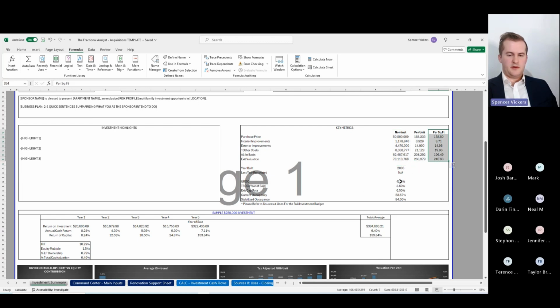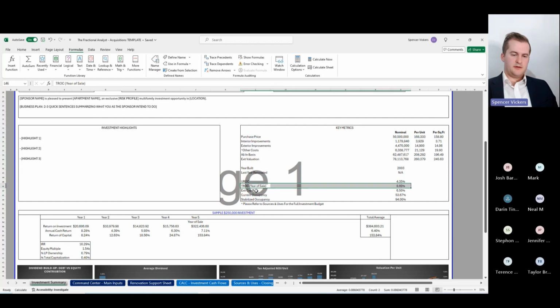And then a couple of other key metrics that some people like to see: the untrended return on cost, which is just your yield on your total cost basis, purchase price, soft costs, fees, etc. Trended return on cost is the same number, but giving you your projected operations relative to your cost, and then your exit cap rate.